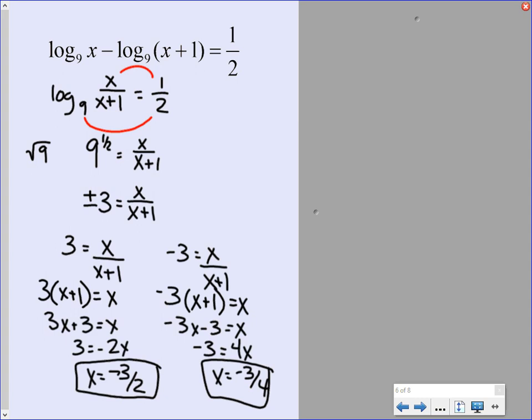And at that point, that's when you start checking your answers, right? So it is a log equation. You should have distributed the negative 3 to x plus 1, so it would be minus 3. Do those numbers work?